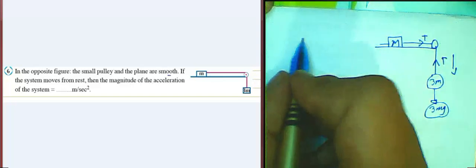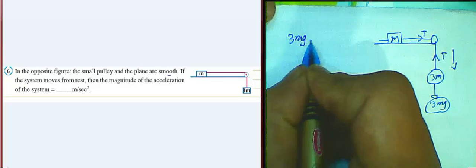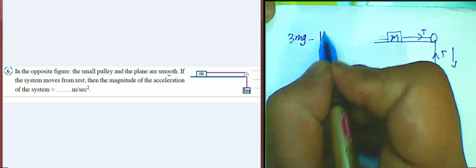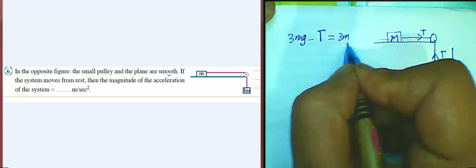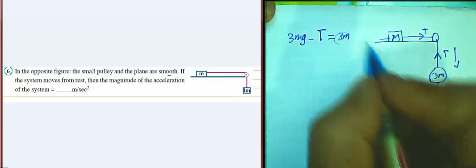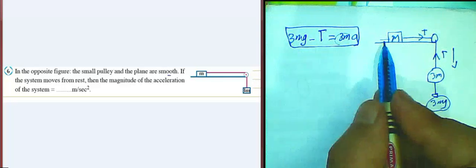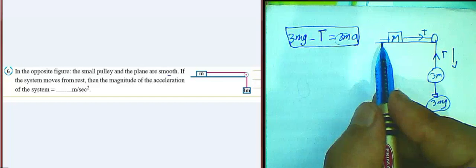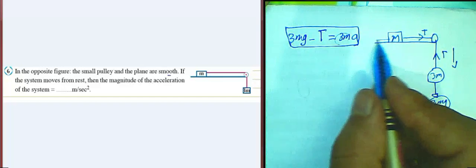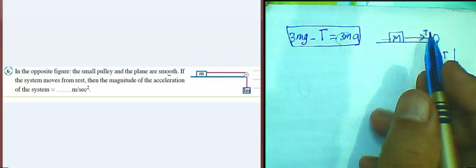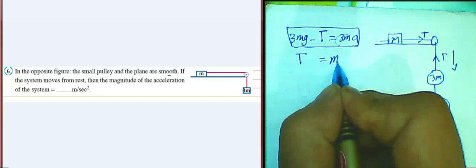So the first equation from Newton's rule: 3mg subtract T equals 3m multiplied by a. And we don't have any force here, and the plane is smooth. Then T equals ma from Newton.